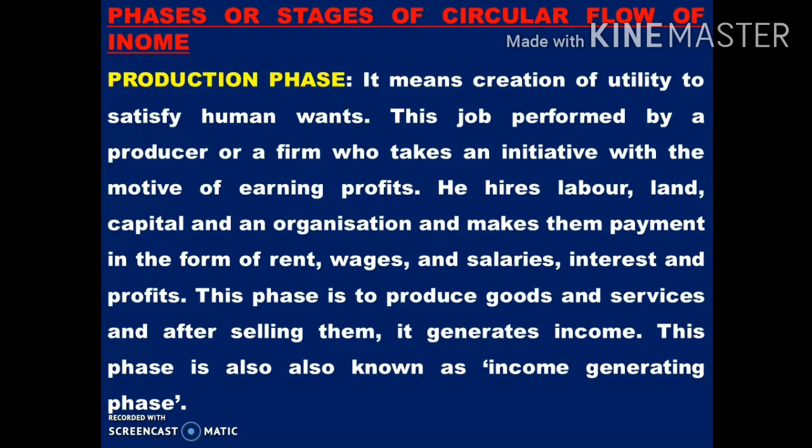Next, we can say that there are different phases or stages of the circular flow of income. First is the production phase. It means creation of utility to satisfy human wants. This job is performed by a producer or a firm who takes the initiative with the motive of earning profit. He hires labor, land, capital and organization, and makes payments in the form of rent, wages, salaries, interest and profits.